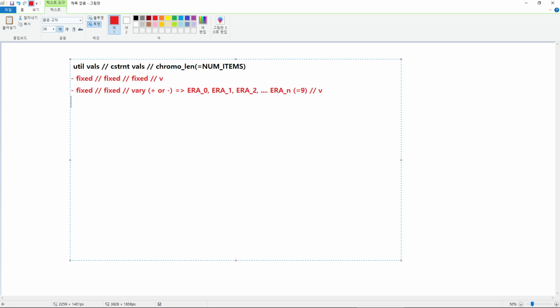So namely fixed, varying, varying, fixed, fixed, fixed, fixed varying. That I've done. Fixed varying fixed.